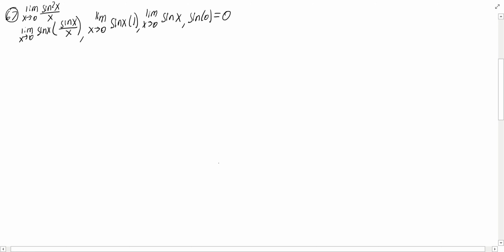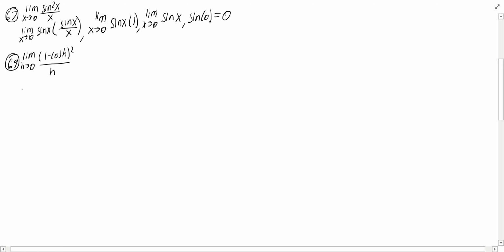Then for problem number 69, we're being asked the limit as h goes to 0 of 1 minus the cosine of h, squared, all over h. We're going to do a very similar technique as we did last time.